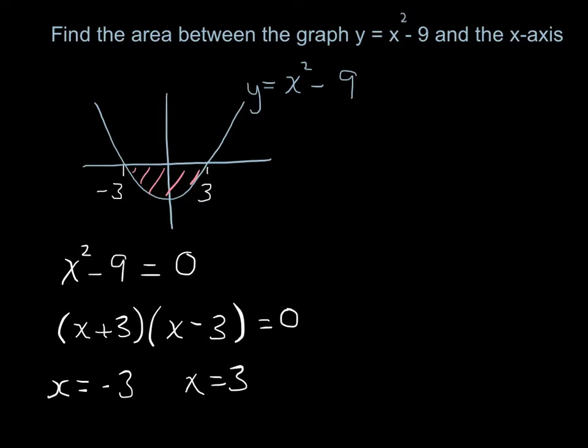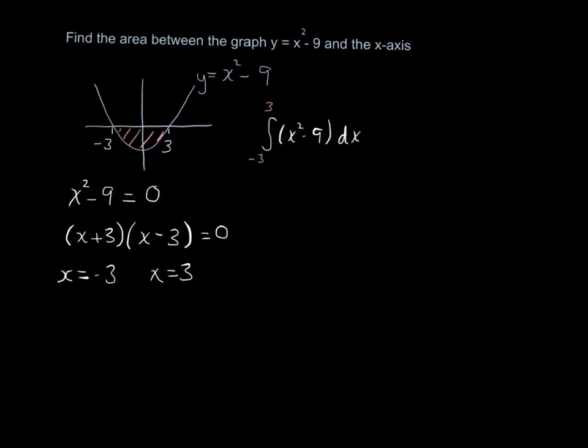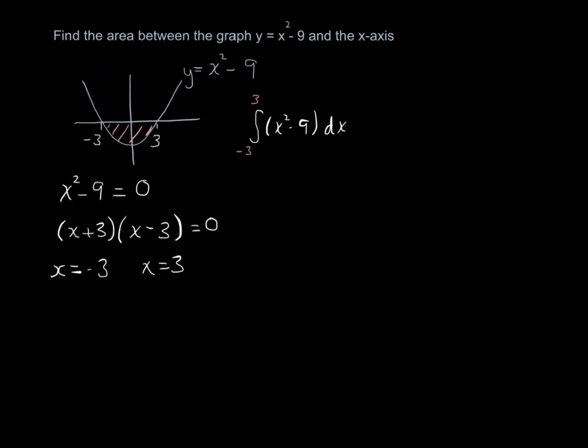So the area that we want is going to be the answer to the definite integral of x squared minus 9 dx running from x equals minus 3 up to 3. So we're going to need to work that out. So if we integrate the function, x squared will integrate to x cubed over 3, minus 9 will integrate to minus 9x, and write the limits in again.